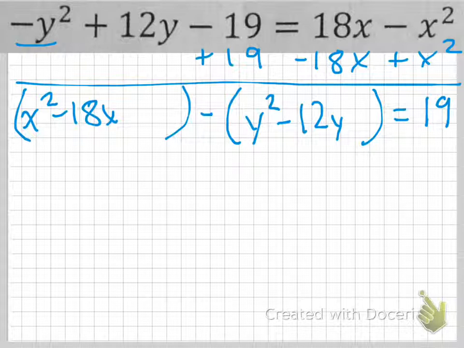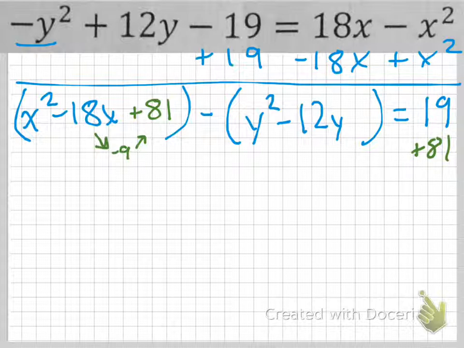Okay, so now we need to complete the squares of both the x and the y terms. For our x squared, we're going to take half of negative 18, square it. So that's 81. Don't forget to add 81 to both sides of that equation. And for our y squared, we're going to take half of that linear coefficient and square it.